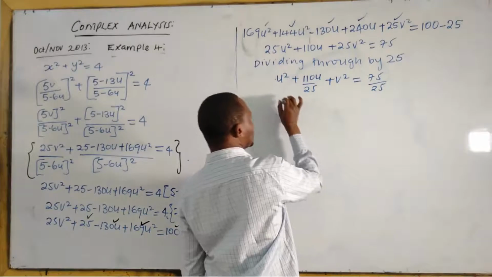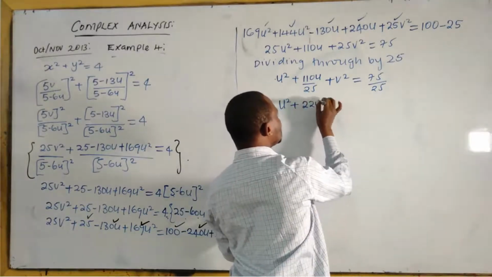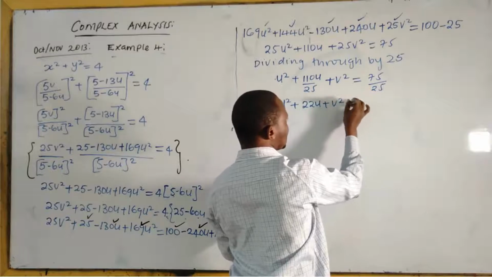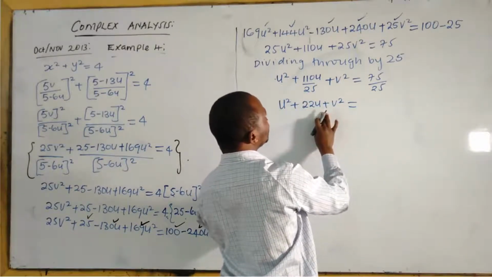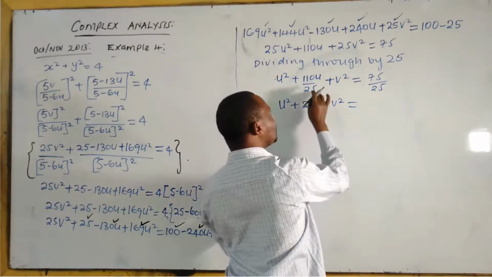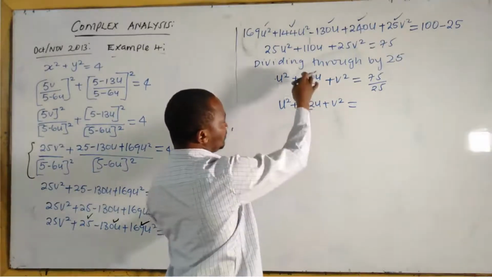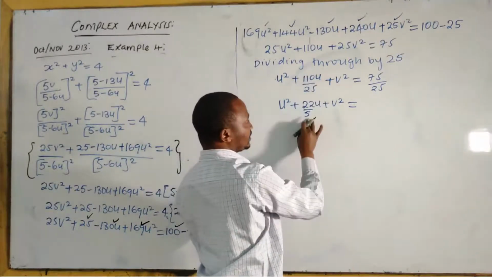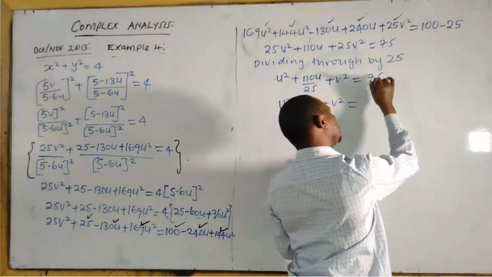This is u squared plus 22 over 5u plus v squared is equal to 3.